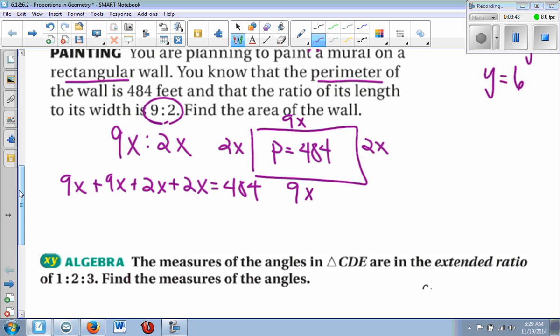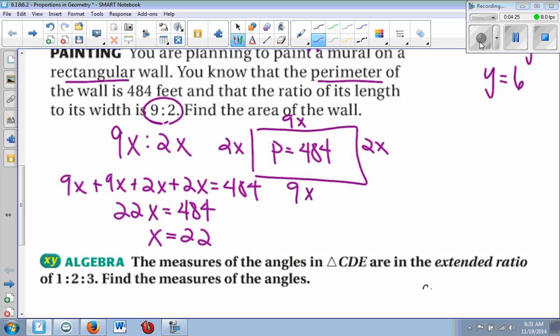If you combine like terms, adding all of those x's together, we should get a total of 22x. That equals 484. And in order to find the value of x, you would simply just divide. 484 divided by 22 should give you a value of 22. So that's your value of x in the problem.